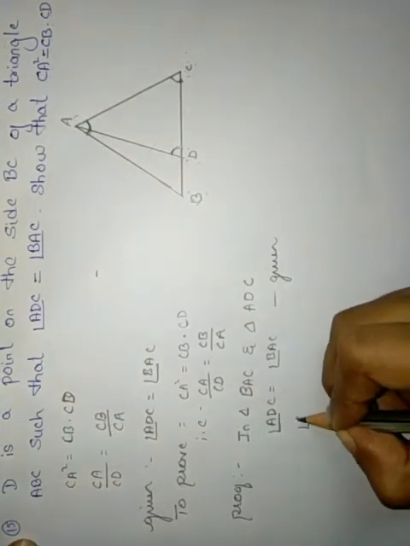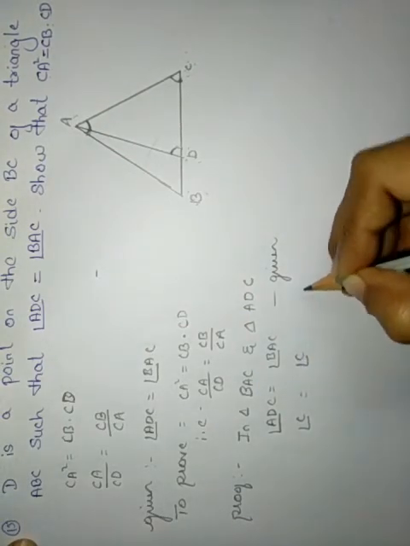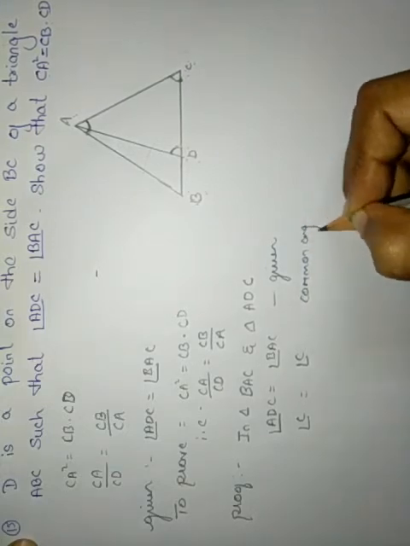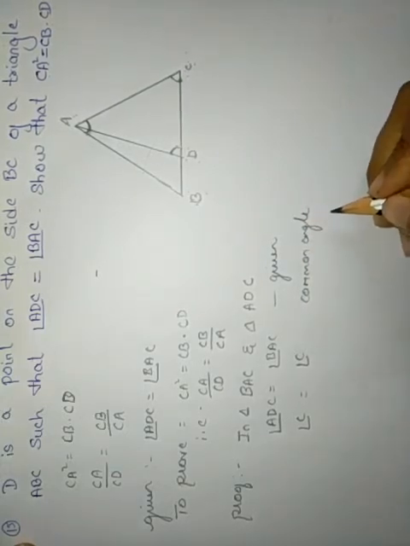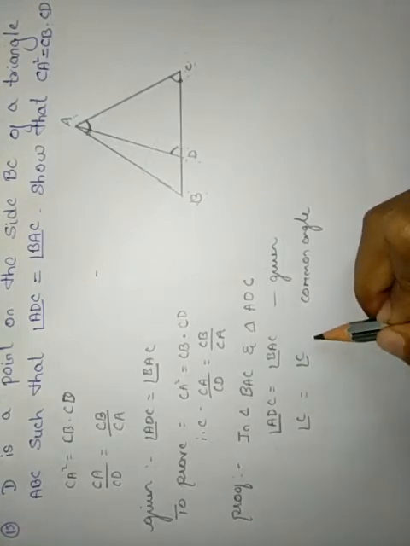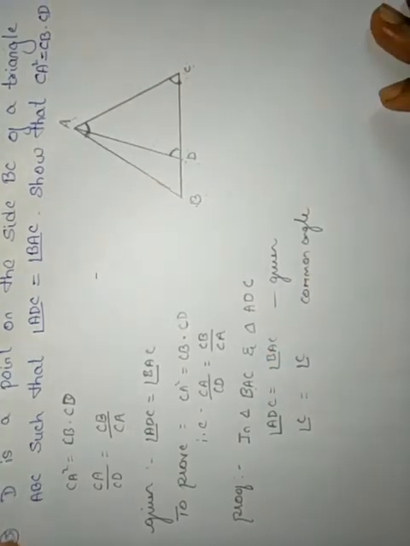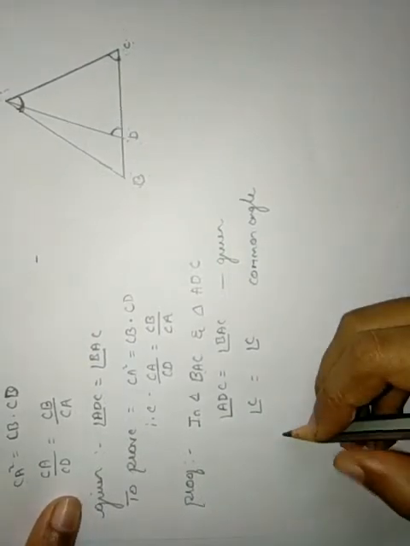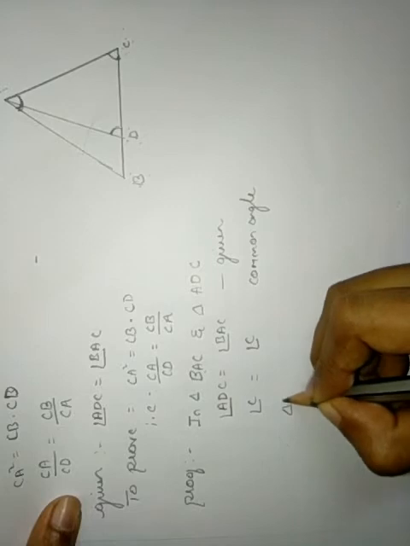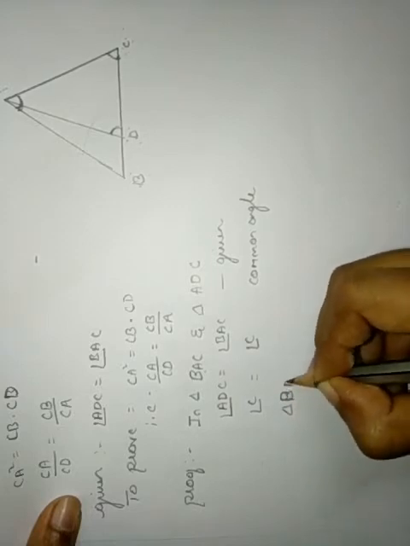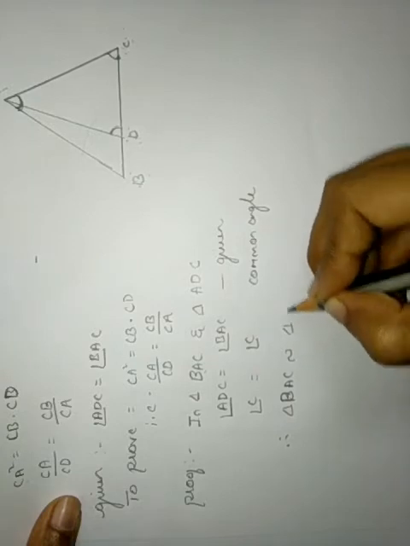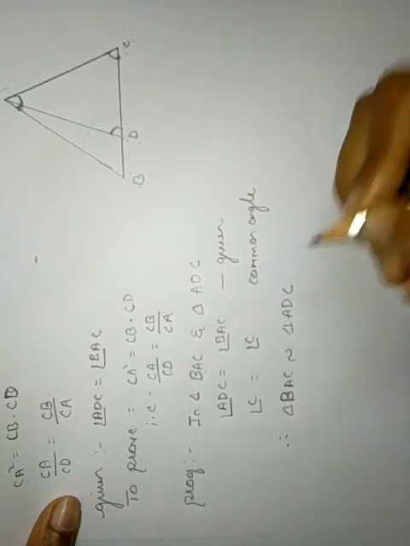So we'll write angle C is equal to angle C, common angle. Then using these two angles, we can say that these two triangles are similar. Therefore, triangle BAC is similar to triangle ADC.